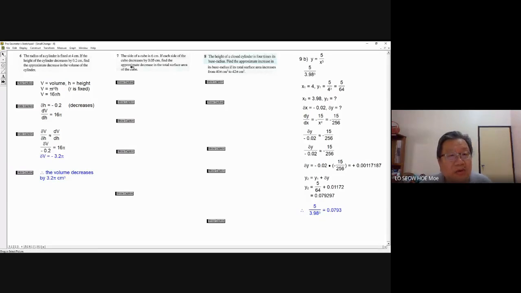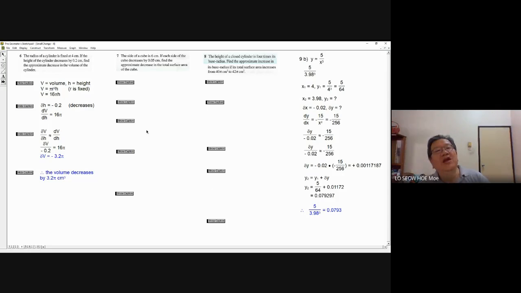Don't look at the word approximate straight away and say, oh, this is approximate. No. Approximate of what? Approximate of decrease means they want delta only. If they want approximate surface area, then they actually want y2. This is not y2. They want delta y only.